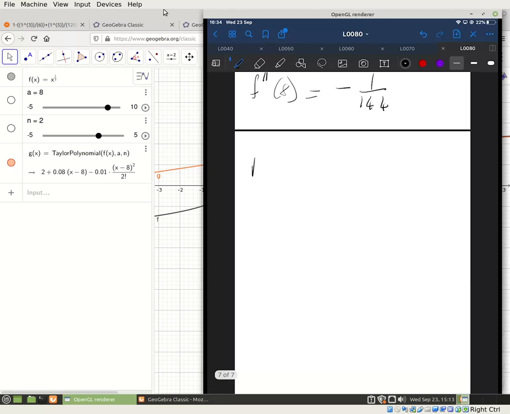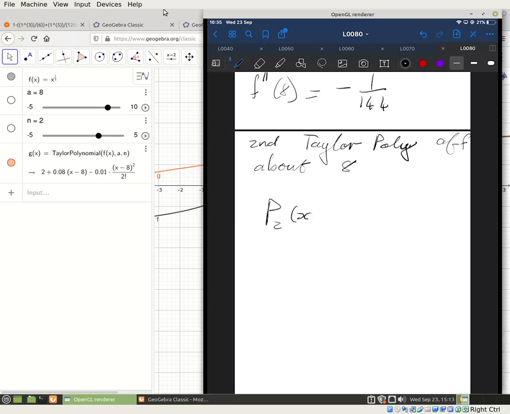So we can write out the second Taylor polynomial of f about 8. You just read off the definition.